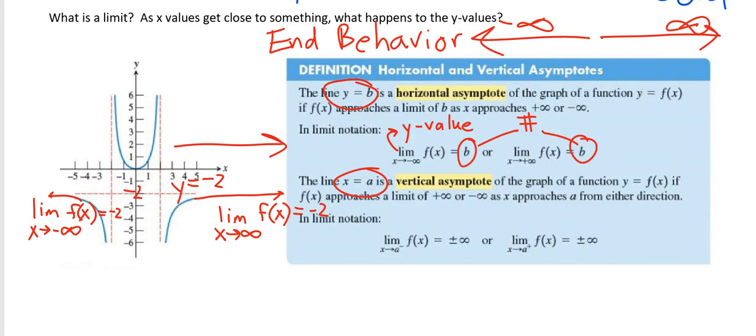Now, what happens if instead of going to infinity, you get close to a value and you get one of these infinite discontinuities?